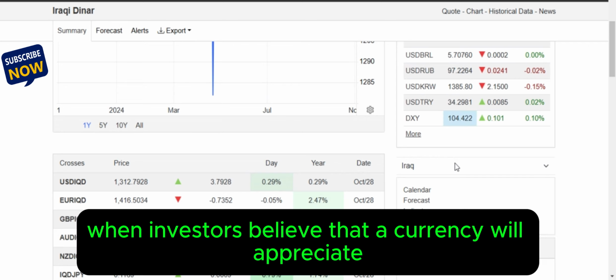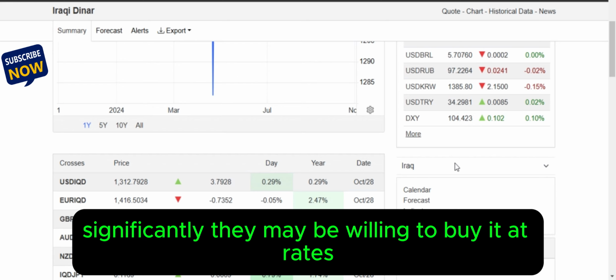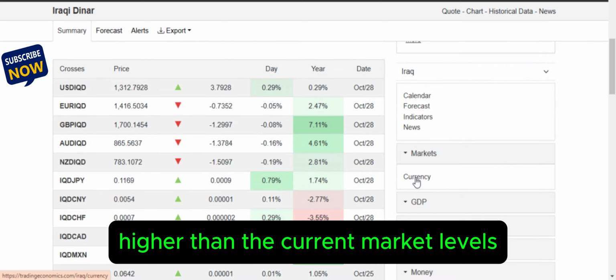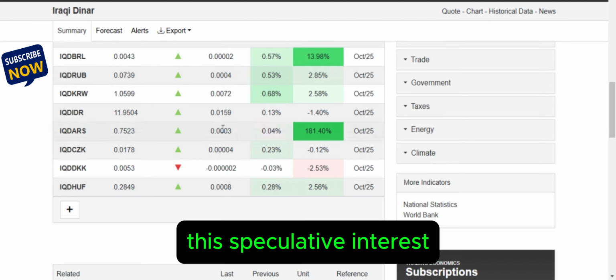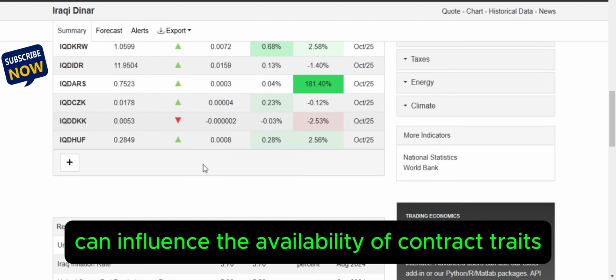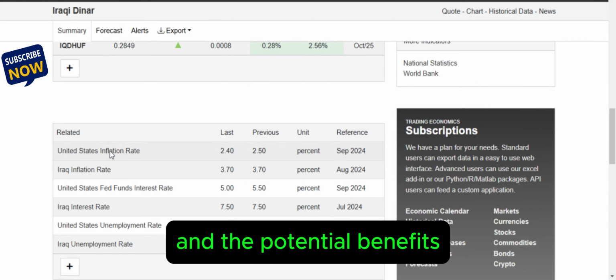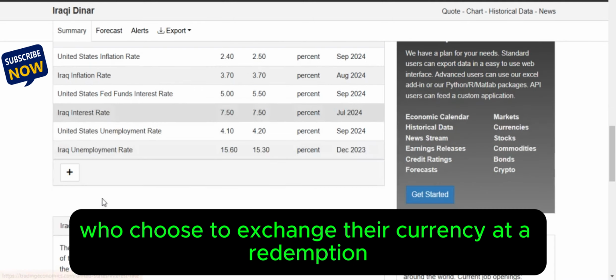When investors believe that a currency will appreciate significantly, they may be willing to buy it at rates higher than the current market levels, betting on future gains. This speculative interest can influence the availability of contract rates and the potential benefits for those who choose to exchange their currency at a redemption center.